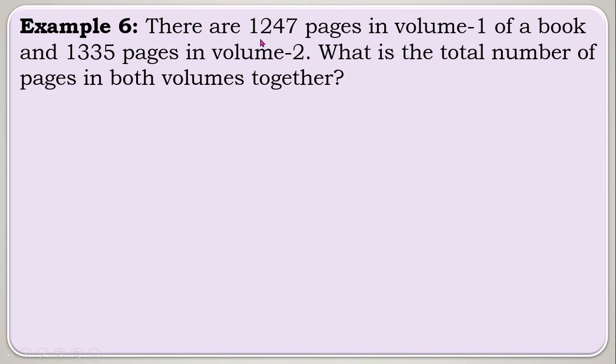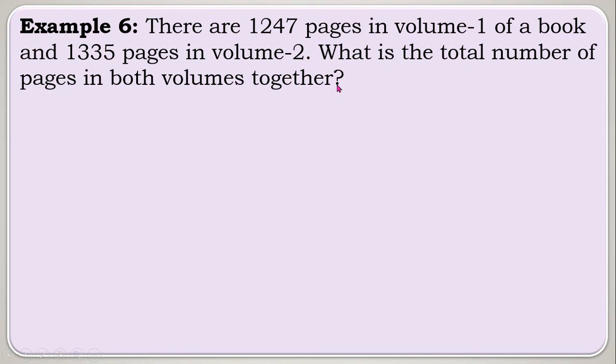There are 1247 pages in volume 1 of a book and 1335 pages in volume 2. What is the total number of pages in both volumes together?